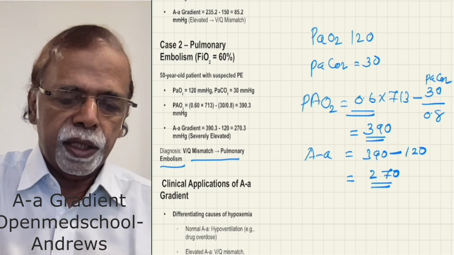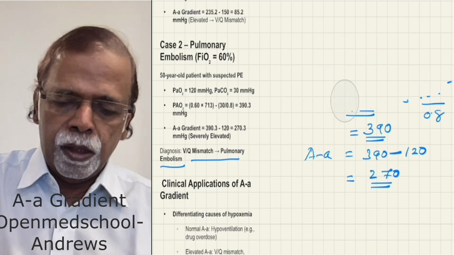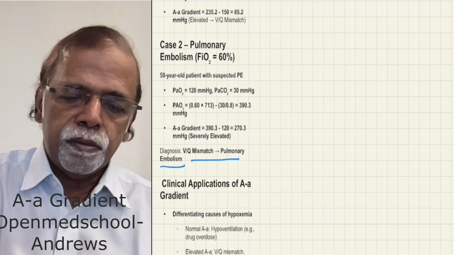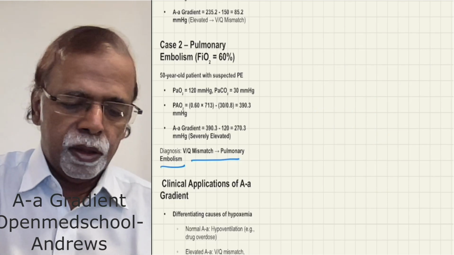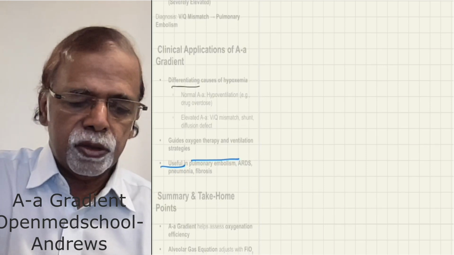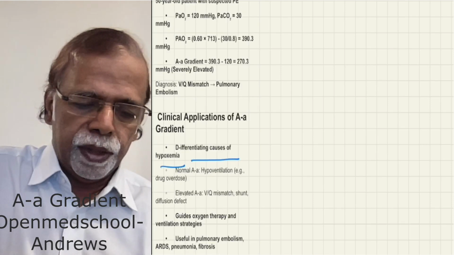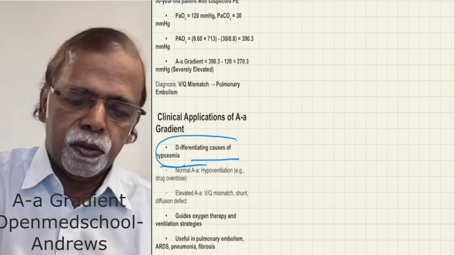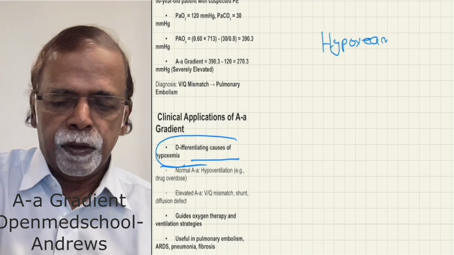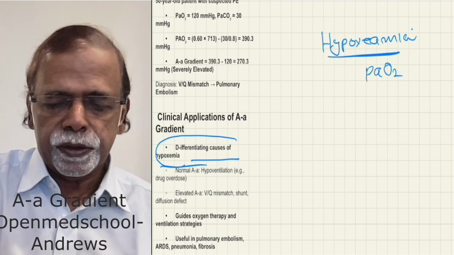So now we look into what the clinical applications of this are. The clinical use is mainly to differentiate the causes of hypoxemia. That is a major function. That is, what are the causes where the PaO₂ is decreased.